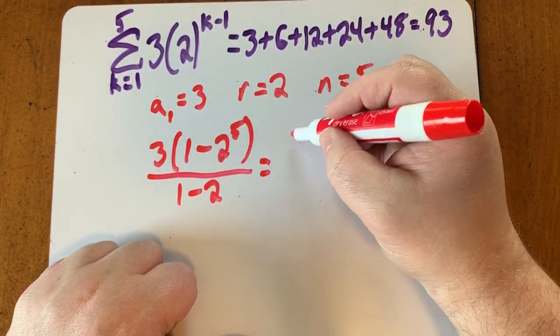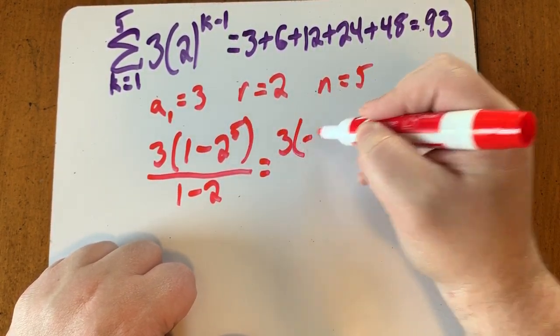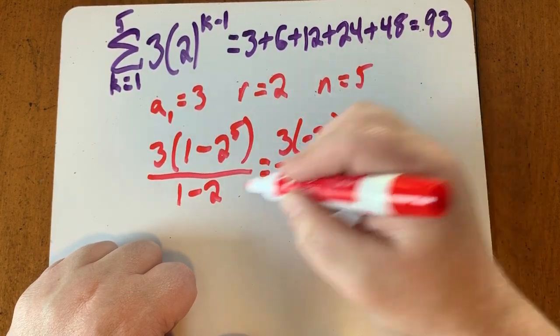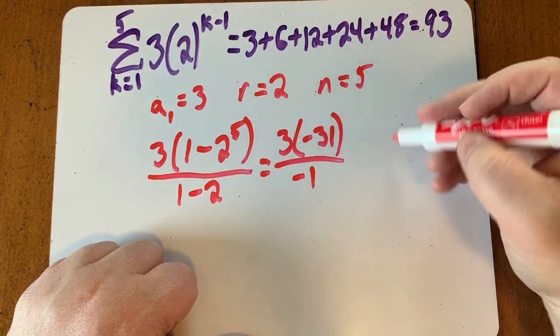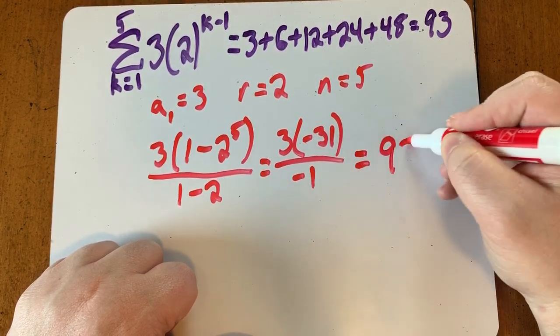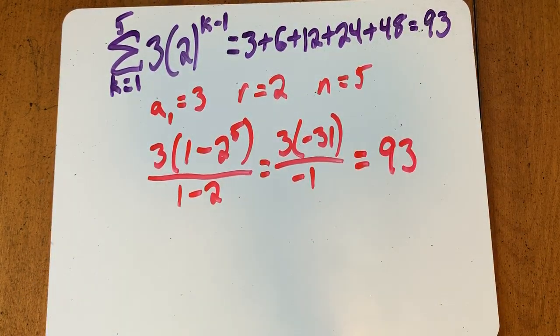Well, 2 to the 5th is 32. 1 minus 32 is negative 31. And 1 minus 2 is negative 1. Negative divided by a negative is positive. 3 times 31 is indeed 93. All right, so that's the formula. That's how you can find out the sum of a finite geometric series. All right, have fun.